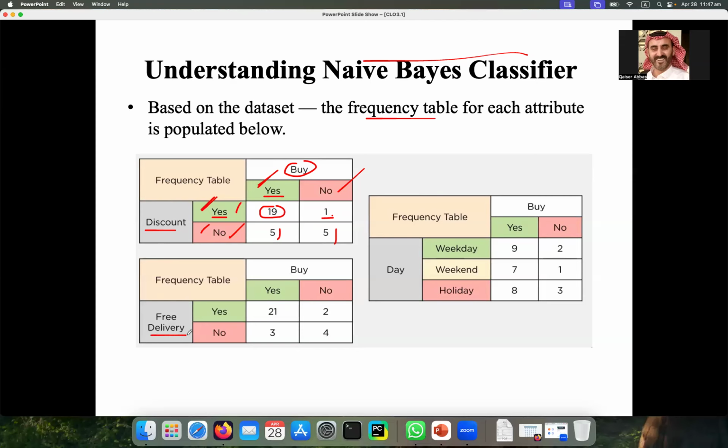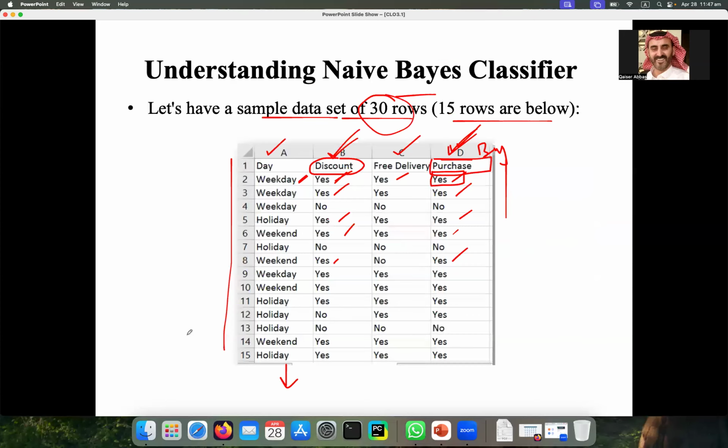Then we have another table that is called free delivery. Free delivery also has yes and no values in the data. Now we have to build this free delivery table with respect to buy or purchase.